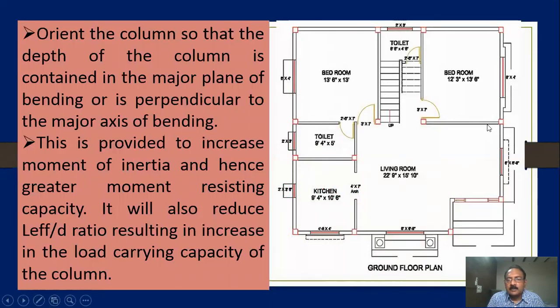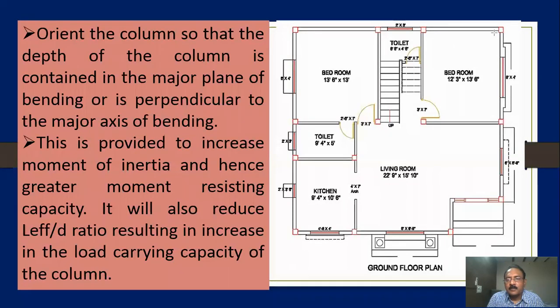Suppose this is a longer span, your column direction should be like this, right? I will explain in detail so you will understand in a better way.